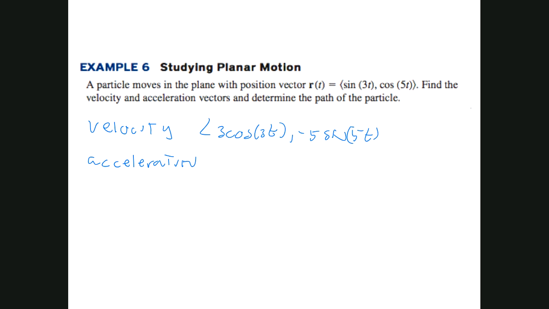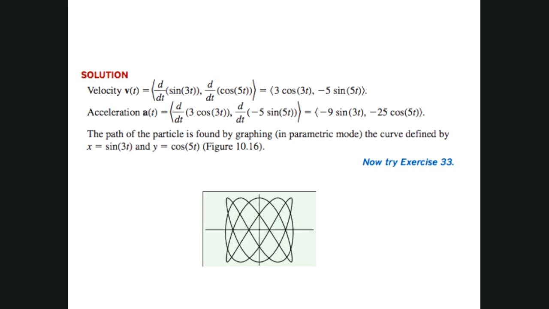And then the acceleration, that's going to end up being negative 9 sine of 3t, comma, negative 25 cosine of 5t. Not very hard to find velocity and acceleration. And here are the two. And if you put it in parametric mode, this is what your graph is going to look like. Kind of a crazy looking graph there. But you can graph them out just by using parametric mode.